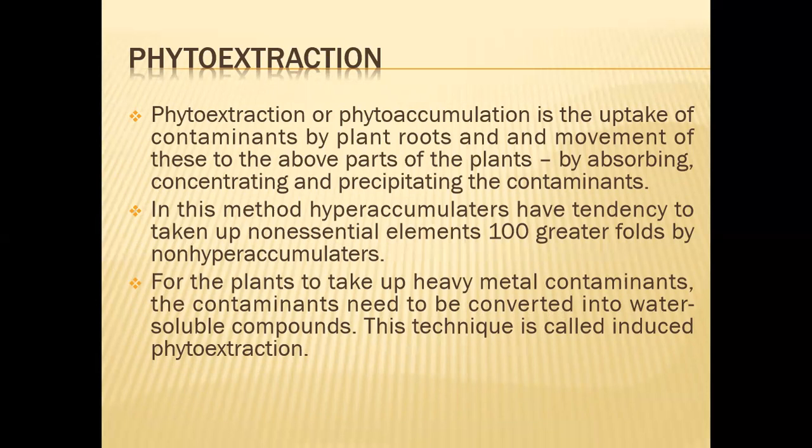In this method, hyperaccumulators have a tendency to take up non-essential elements 100 times greater than non-hyperaccumulators. For the plants to take up heavy metal contaminants, the contaminants need to be converted into water soluble compounds. This technique is called induced phytoextraction.